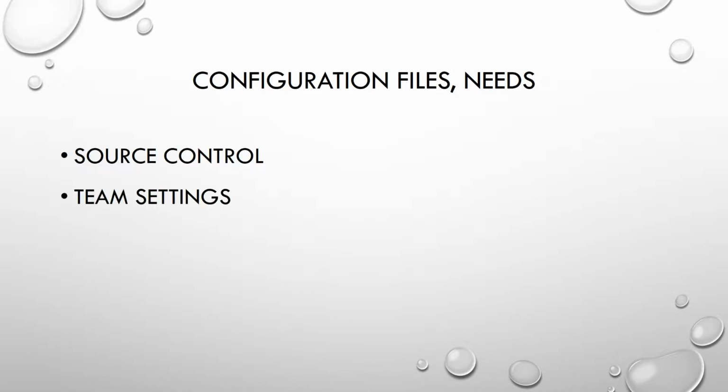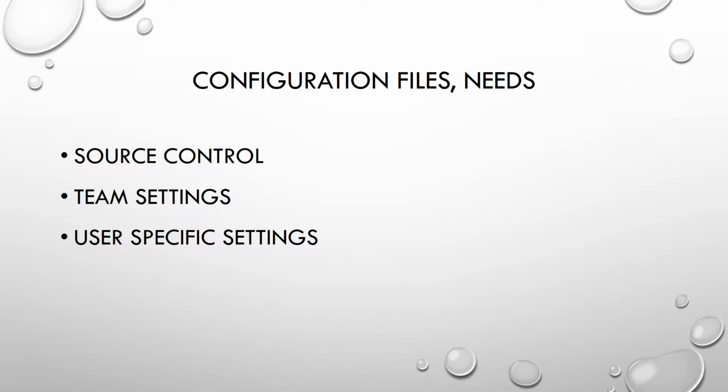To solve the issues with the configuration file, we need to have it source controlled to share our settings. We need to have different team settings, but we also should support user-specific settings.